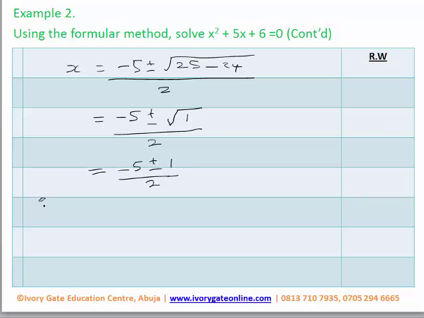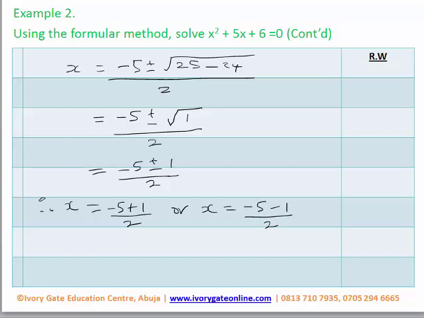Therefore, x is equal to minus 5 plus 1 over 2, or x is equal to minus 5 minus 1 over 2.